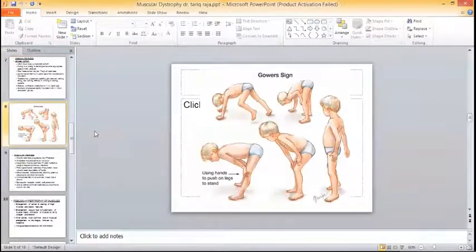This is the classical Gower sign, which is also known as climbing up on himself. Starting from the floor, you can appreciate that the child cannot lift up his body without taking assistance from the surroundings.